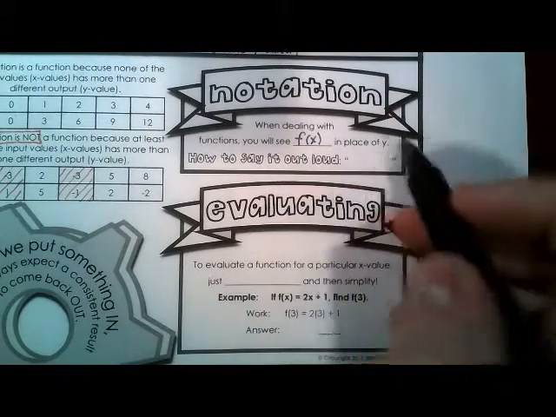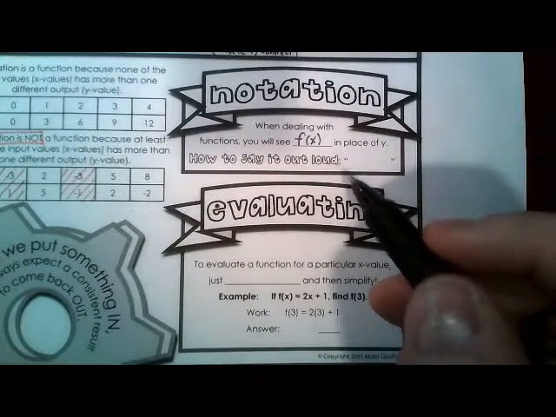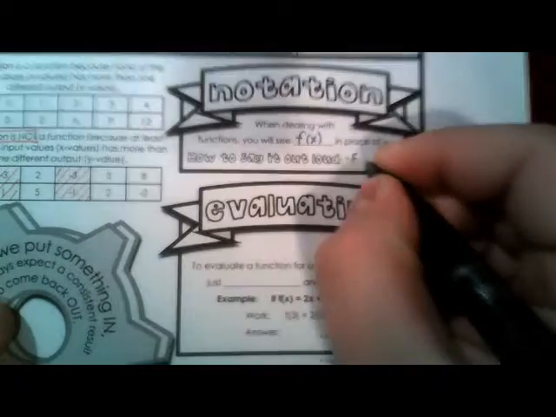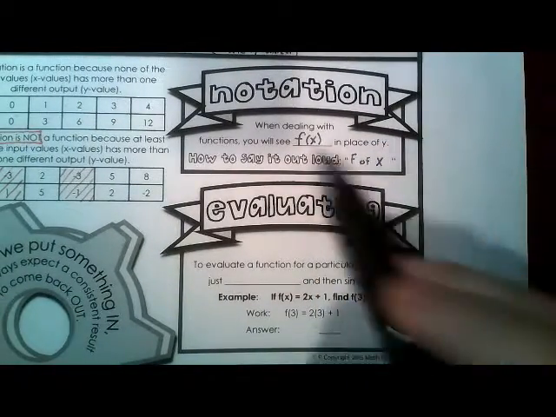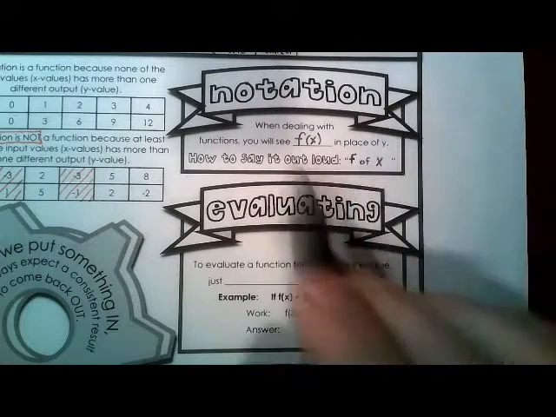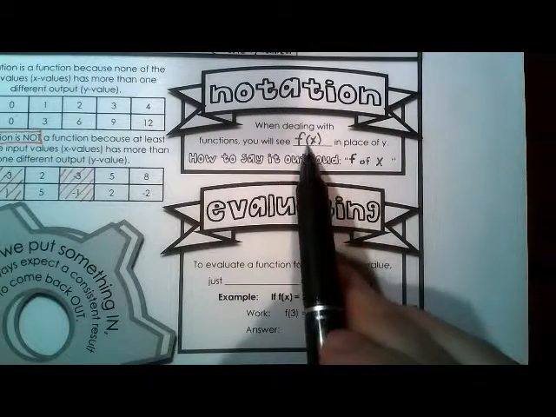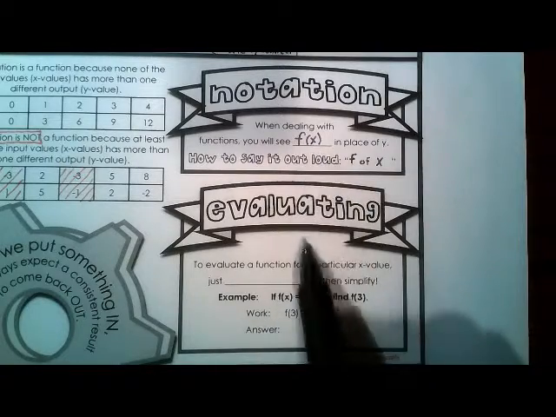We treat that as the same as a y, which is kind of an output of those y values. And to say that out loud, it's actually called f of x, right? F of x. And what that just says is that my function is named f, and the values I put in are x values. Okay.